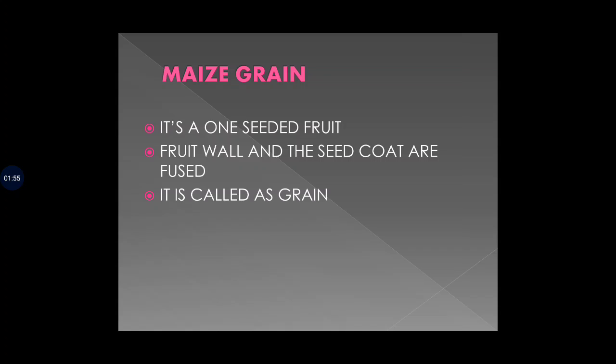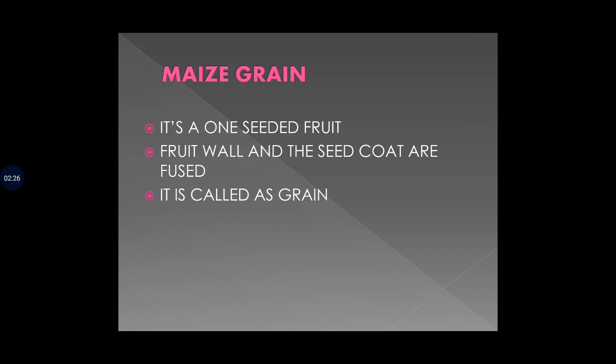To understand this, you need to recall the very first class where I discussed the fruit and the 3 layers present in it. The outermost layer of the fruit is the pericarp, then the second is the mesocarp, and after that is the endocarp.